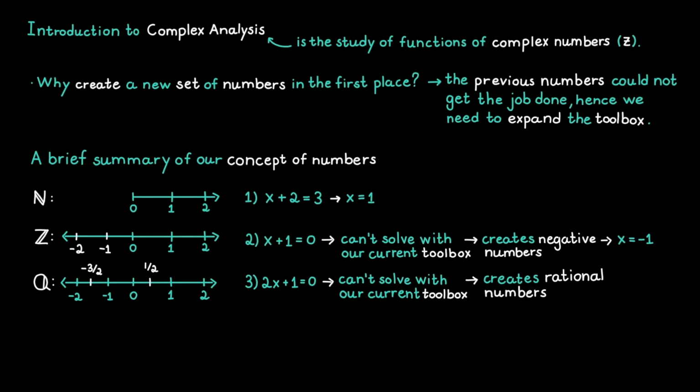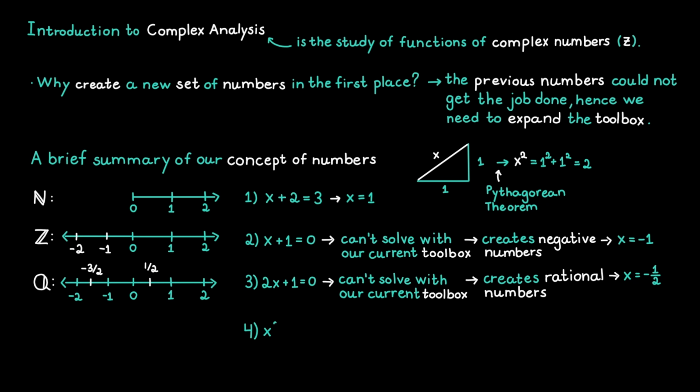And by using this new set of numbers, the rational numbers, we could once again solve the problems that we couldn't before. The next roadblock that we stumbled upon is actually pretty famous. The problem was that if you wanted to find the length x in this triangle here, by using the Pythagorean theorem, you get that x raised to the power 2 is equal to 2. And the solution to this equation is not contained inside the rational numbers.